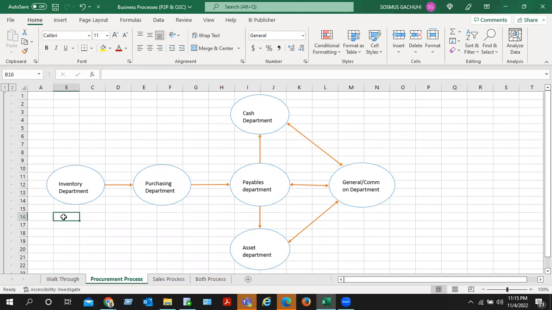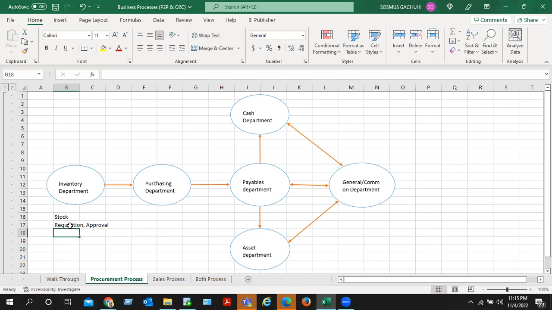And from this flow diagram, you can tell that in the inventory department, the primary work we do is stock maintenance, and we do requisition. It's the same thing that we looked at prior, and the approvals also have to be done.